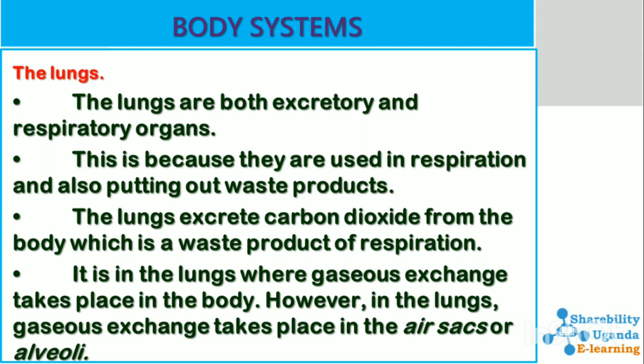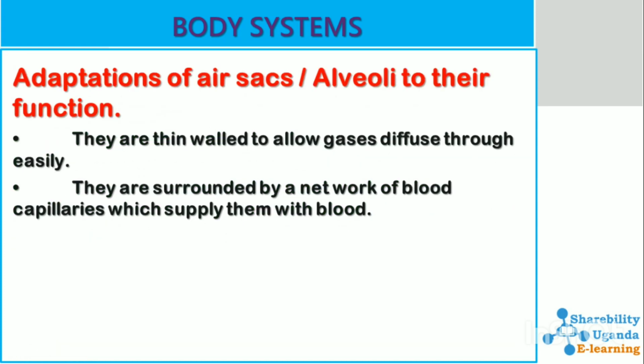The lungs excrete carbon dioxide from the body, which is a waste product of respiration. It is in the lungs where gaseous exchange takes place in the body. However, in the lungs, gaseous exchange takes place specifically in the air sacs or alveoli.